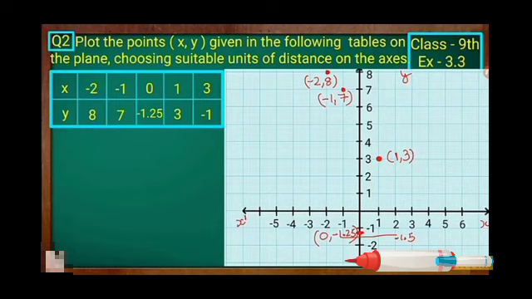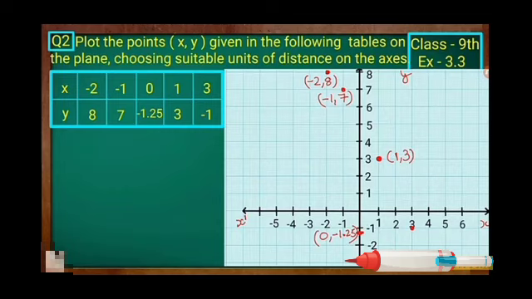And the next is 1 and 3, both are positive. X is +1, y is +3. And next is 3 and -1. X is 3, y is -1. This is the position which lies in the fourth quadrant.